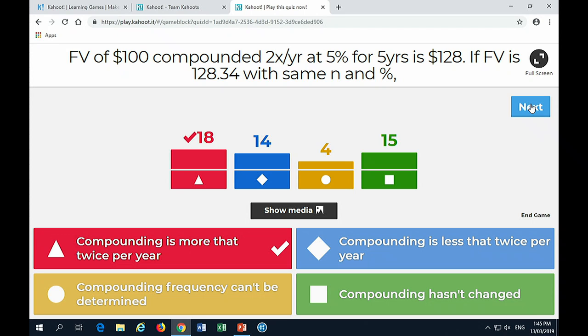What happened is you just changed the frequency of your compounding. You went from 2 times per year to something more than 2, maybe quarterly or monthly compounding. That is another power of compound interest: not only does it earn interest on interest, but the more frequently you compound that interest, the more interest you will earn in the end.